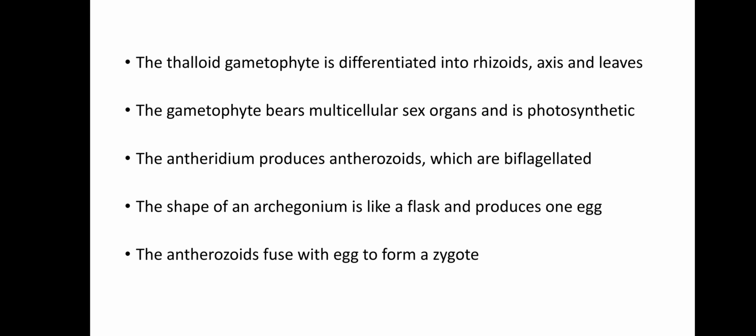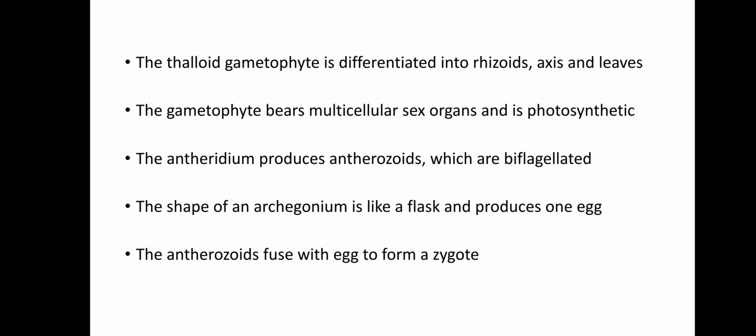The gametophyte bears multicellular sex organs, and it is photosynthetic, that means chloroplasts are present in the gametophyte of the bryophyte. The antheridium, that is the male sex organ, produces antherozoids, that means sperm, which are biflagellated. Biflagellated means they have two flagella.